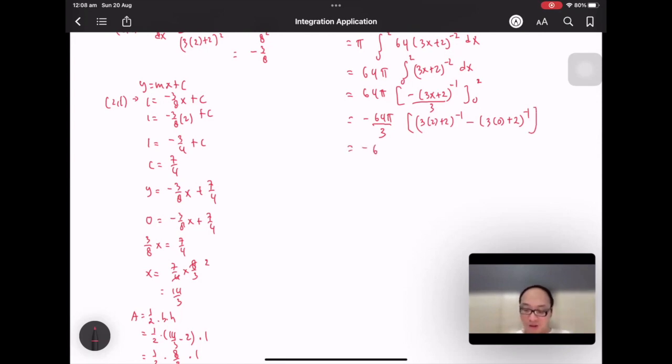So negative 64 pi over 3 times 1 over 8 minus 1 over 2.